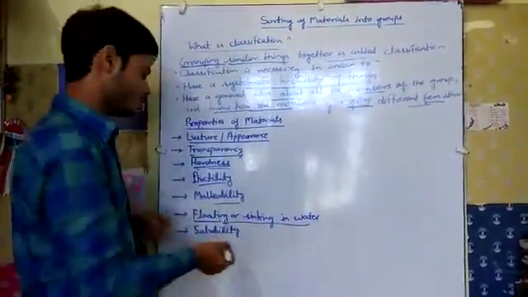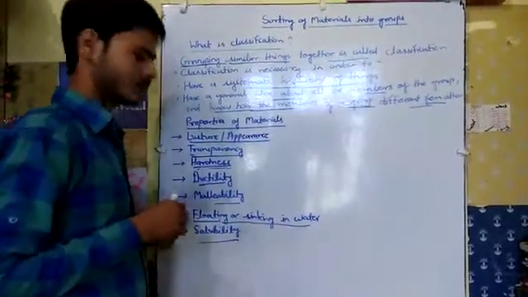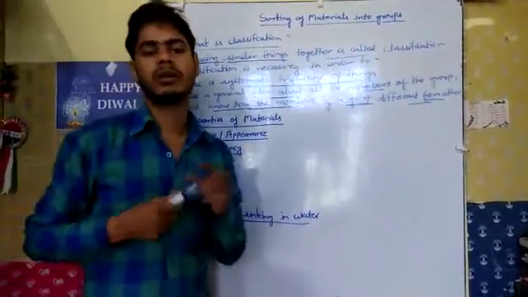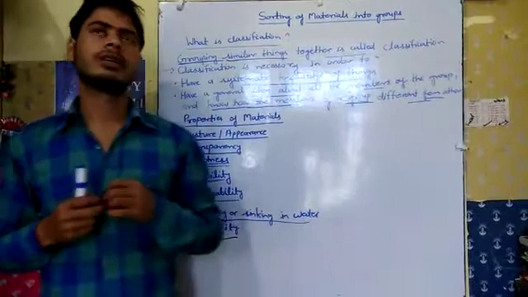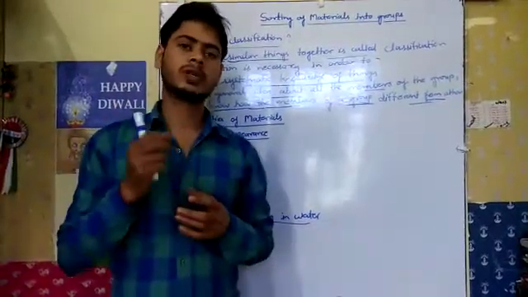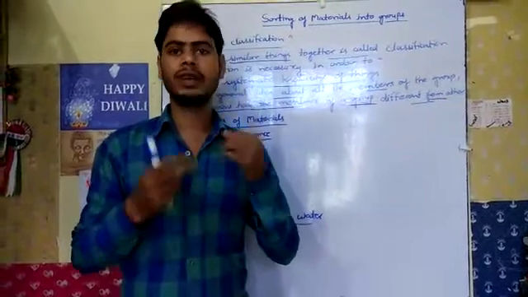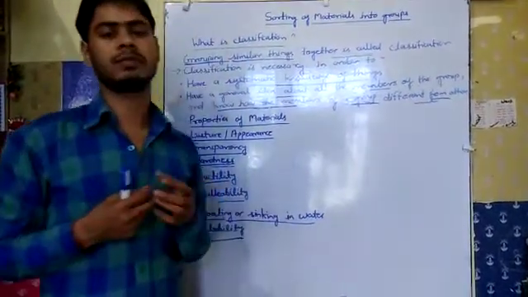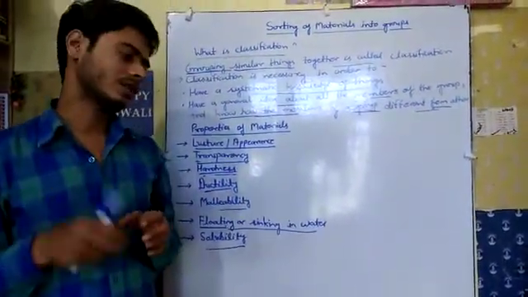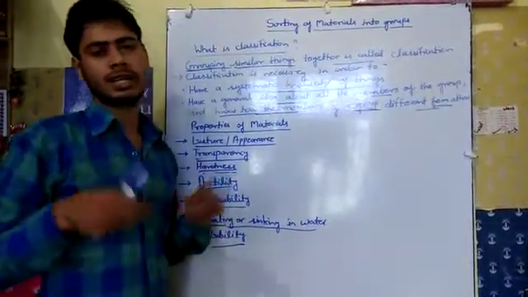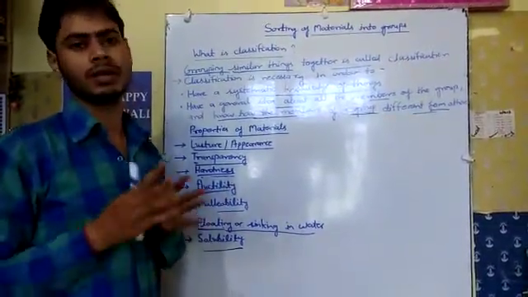And solubility means mixing in water. Lemon juice and sugar mix in water, but sand does not mix in water. On the basis of solubility, we can categorize objects into different groups.